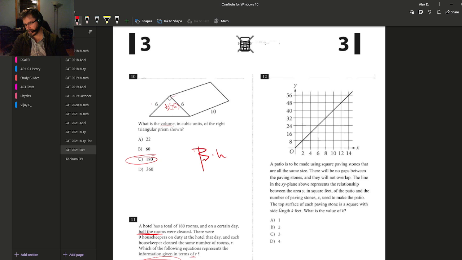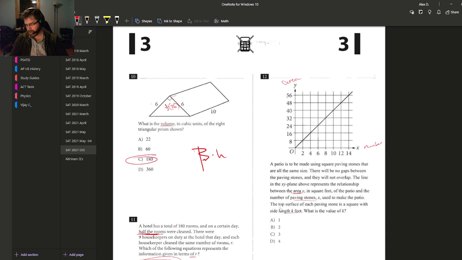There's 5K, so the top is K, X and Y. Top is a square. Okay, gonna actually have to read this. There's a relationship between the area Y, so that's area, and the patio, number of paving stones, number.